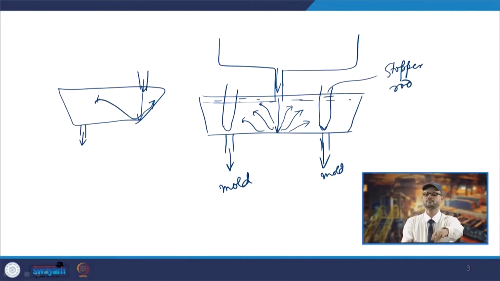So we get the help in removing the slag also. Because slag will be towards this top portion, and liquid metal is taken from here, it will be delivered to the mold from here. So that slag does not cause any harm.